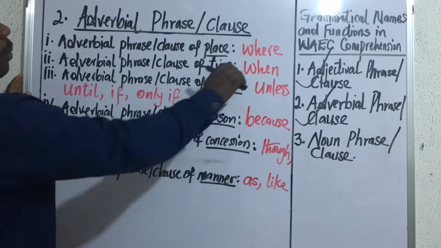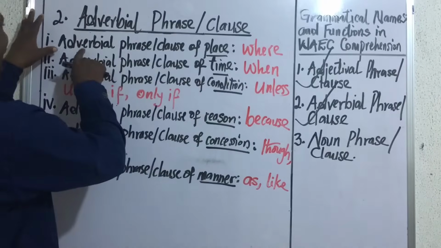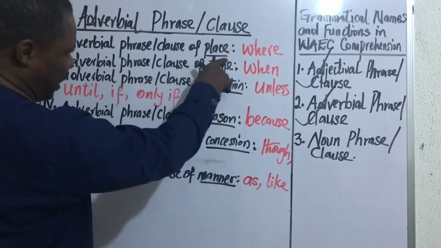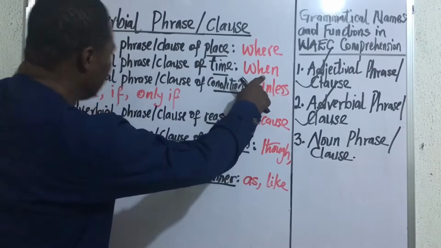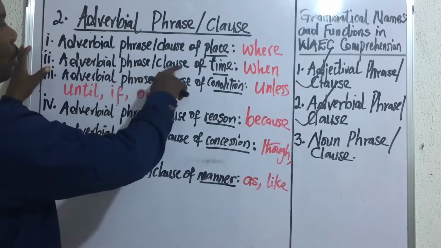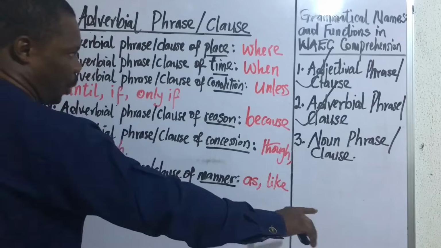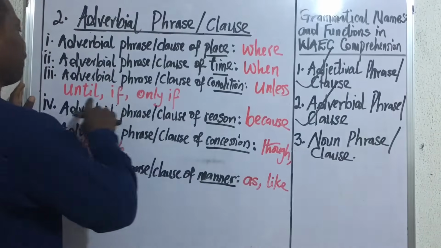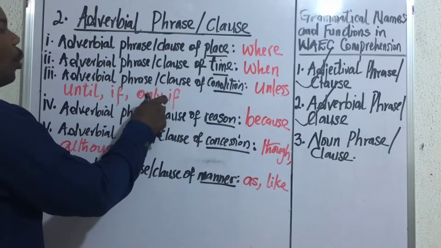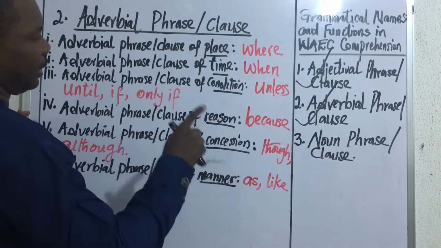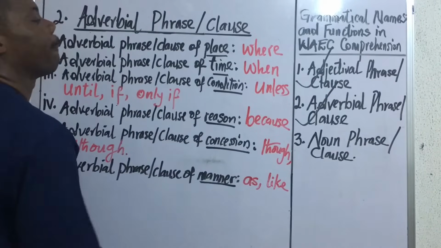So, if the group of words begin with where, then it is an adverbial phrase or clause of place. If the group of words begin with when, then it is an adverbial phrase or clause of time. If the expression begins with unless, until, if, or only if, then the name of the expression is adverbial phrase or clause of condition.